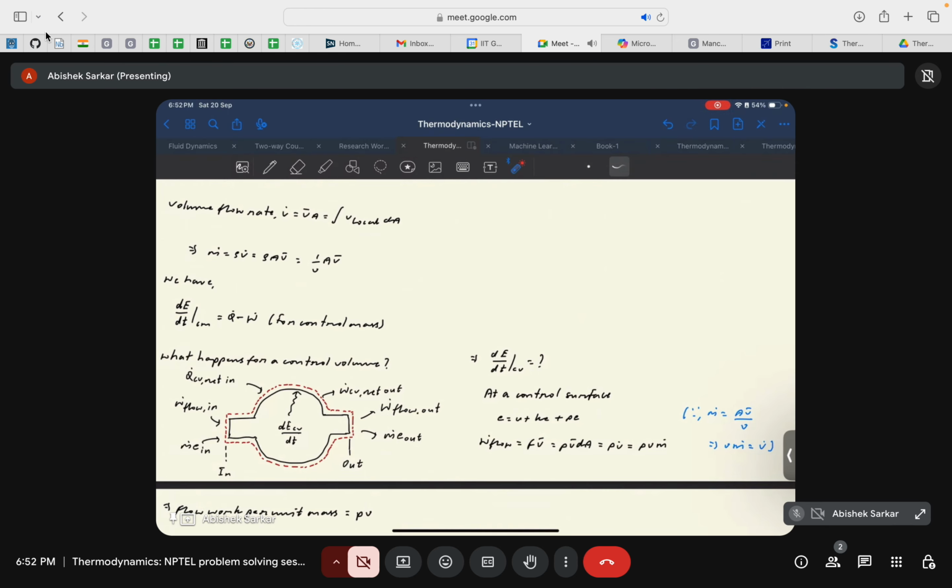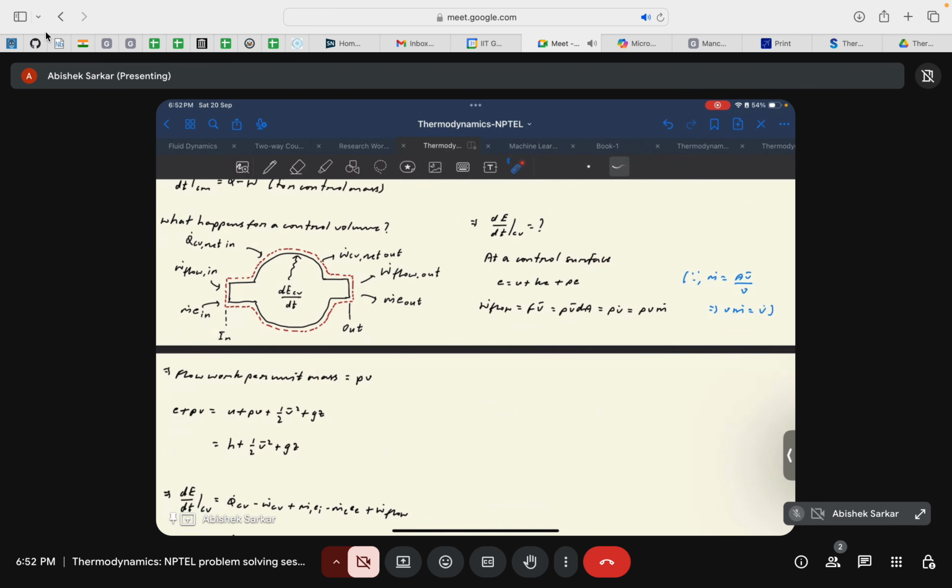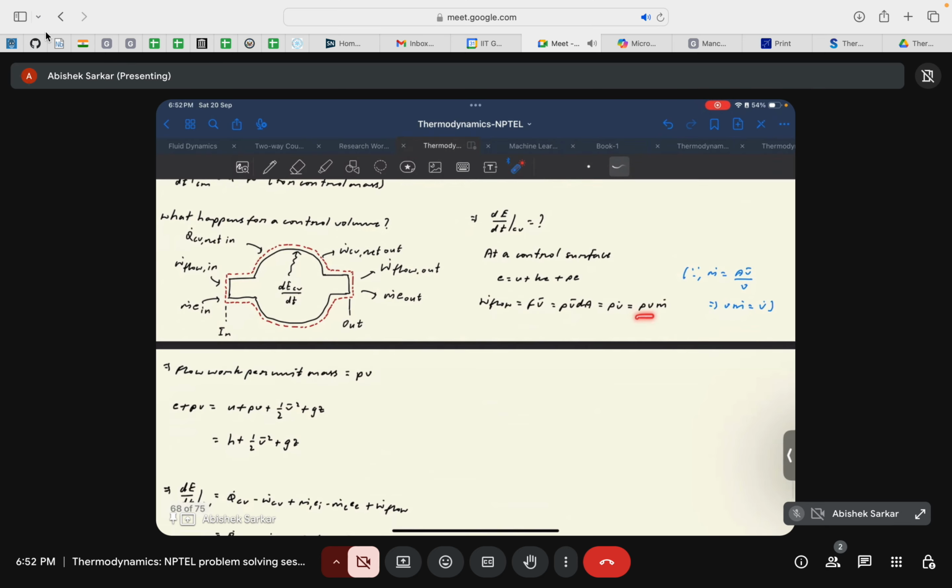This is the additional thing that comes when discussing flow systems, that is the work done because of the flow of the fluid into the control volume. That also has to be considered. So that's why this additional term comes into the picture, and you will see how it affects the energy equation.